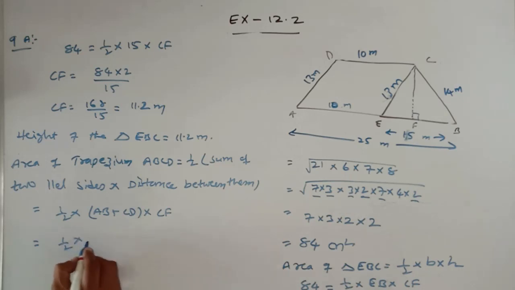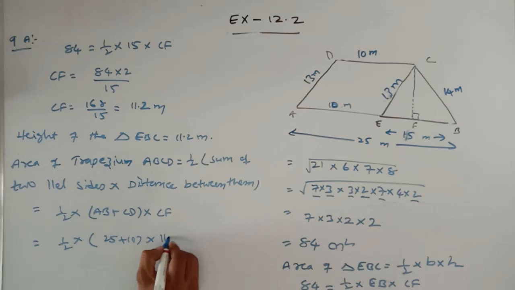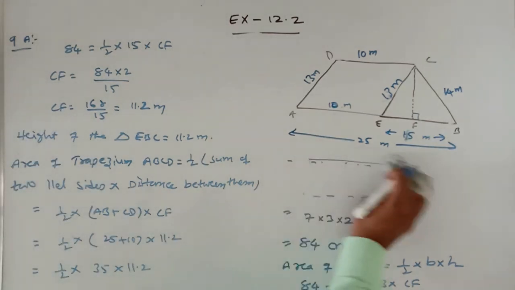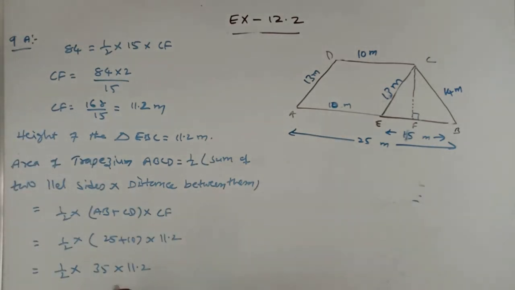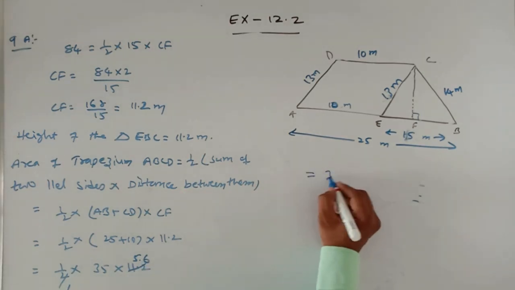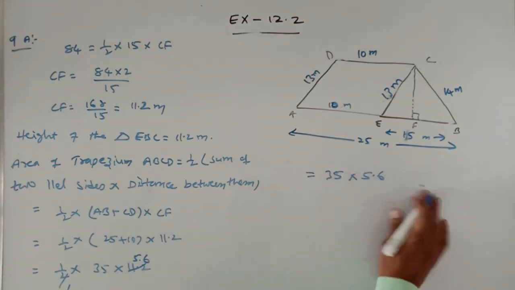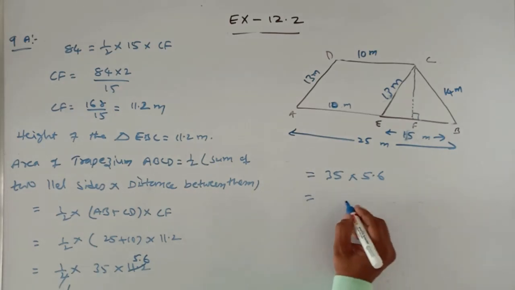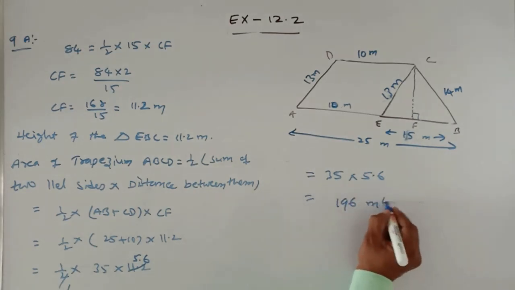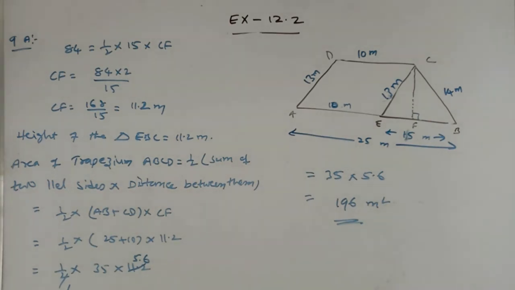Half into AB value 25 plus 10 into 11.2. 1 by 2 into 35 into 11.2. Half of 11.2 is 5.6. So that's equal to 35 into 5.6. By doing the calculation, I am going to get 196 square meters. So this is the area of the trapezium.